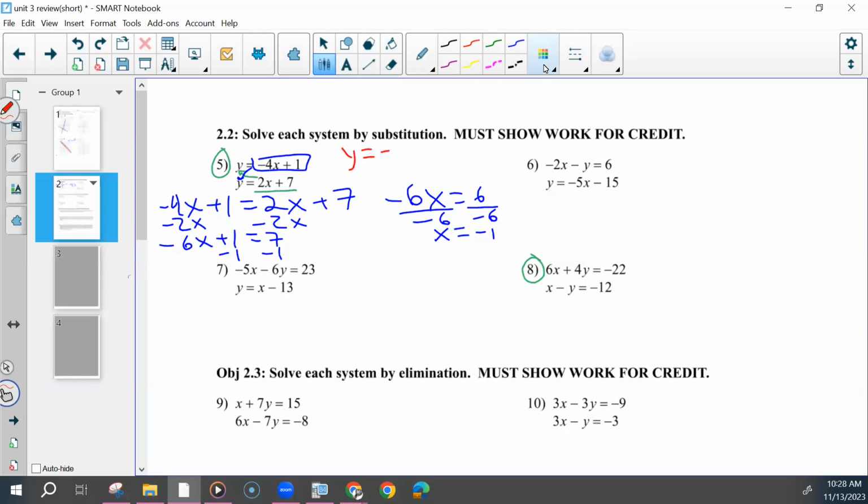So y equals -4 times -1 plus 1. And then simplify. You can do this all in your calculator at once or do it by pieces. This will become a +4, so our y value is 5. We write this as an ordered pair, (-1, 5).